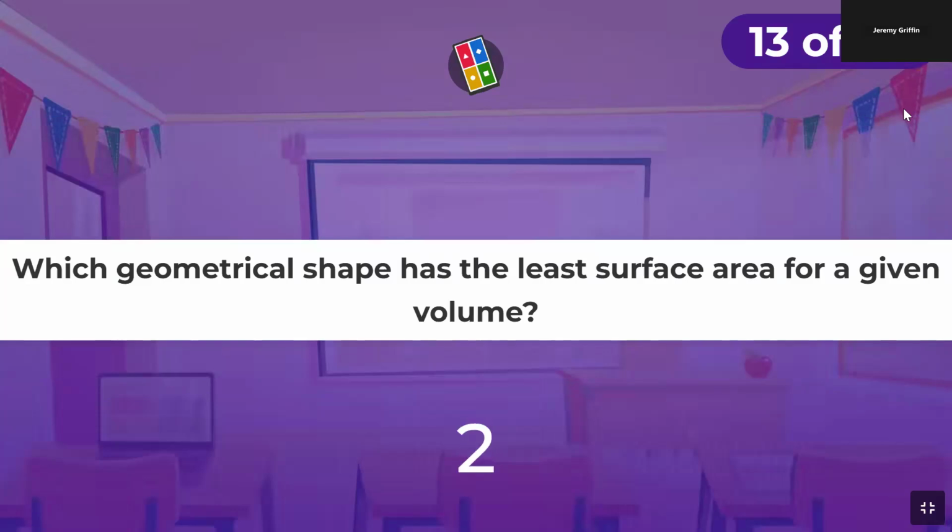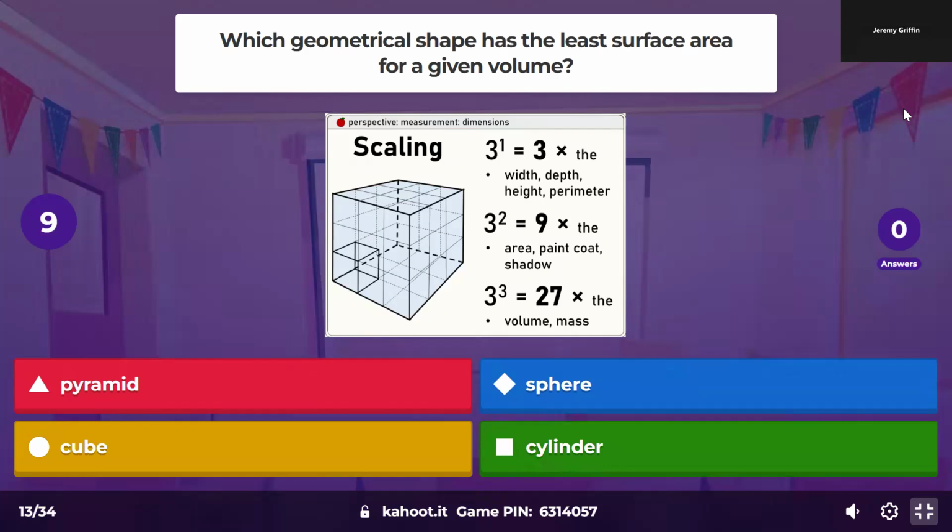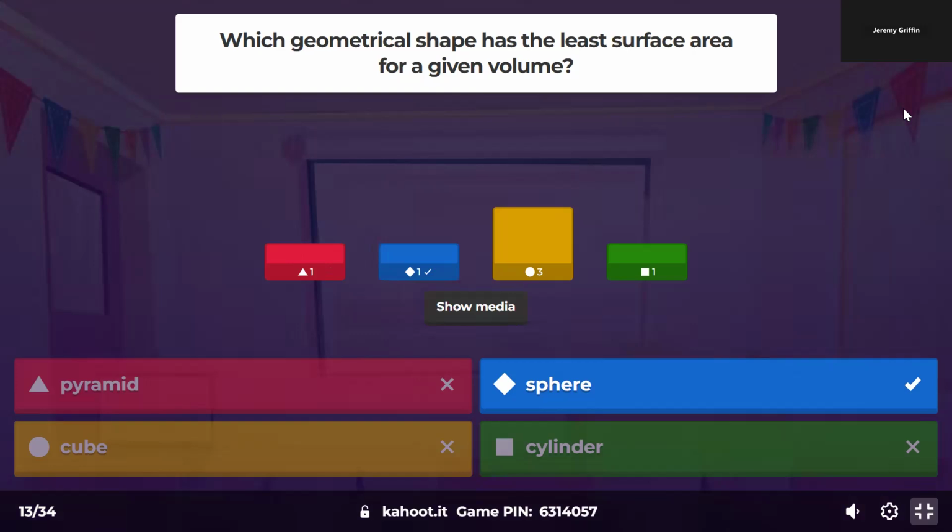Which geometrical shape has the least surface area for a given volume? Yeah, it turns out a sphere. Oh, let me draw this for you. We have a pyramid, cube, sphere, cylinder.